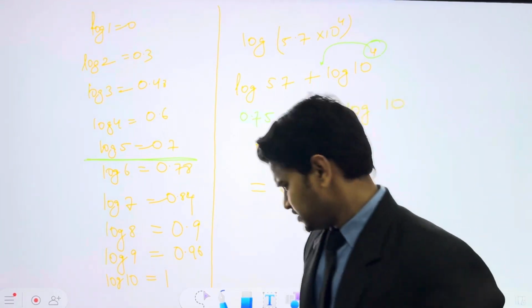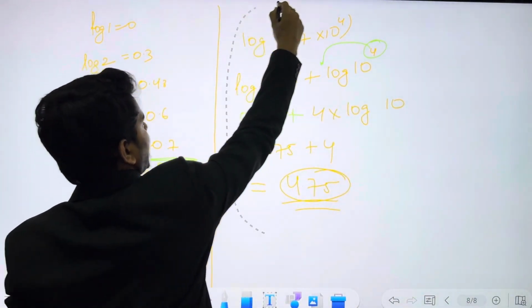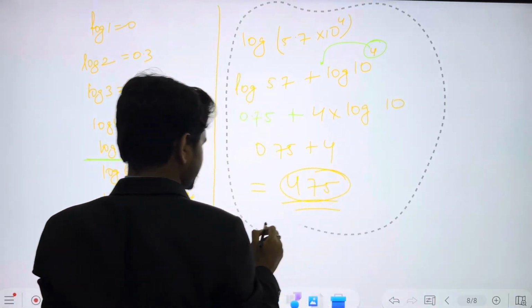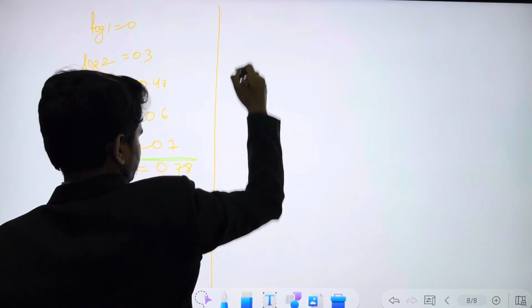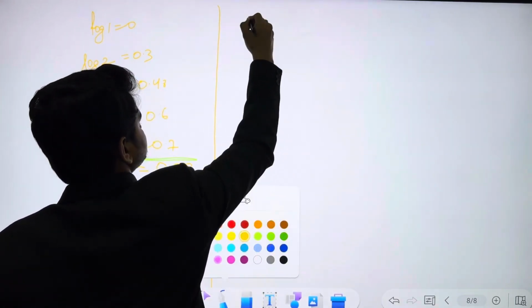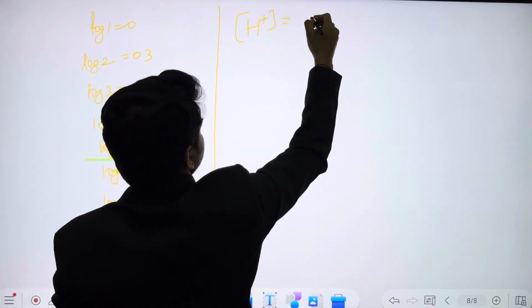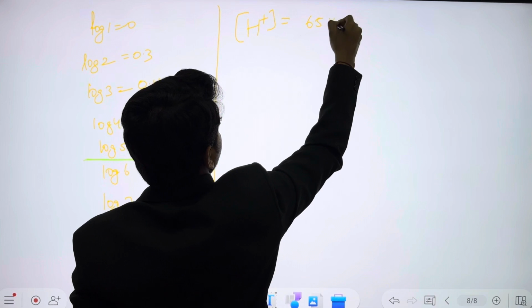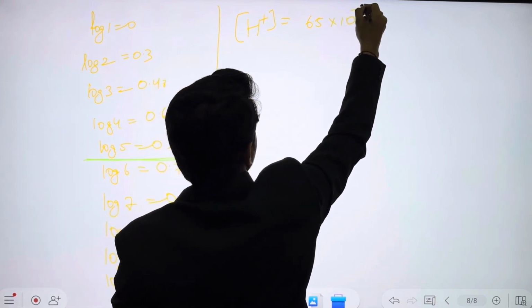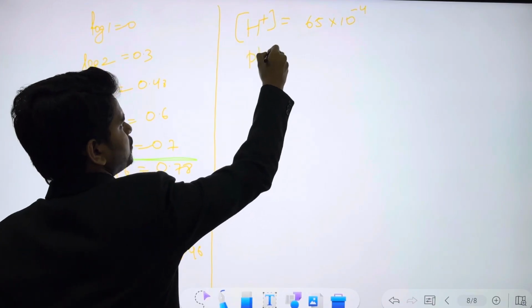Easy now? Now let's do a question. You have been given an H plus concentration. Let's assume the H plus concentration is 6.5 into 10 to the power minus 4, and you have to tell the value of pH.